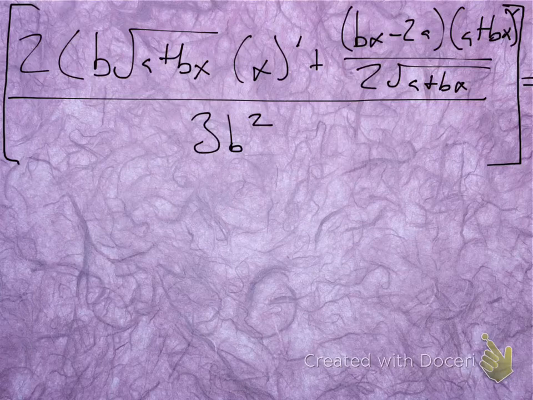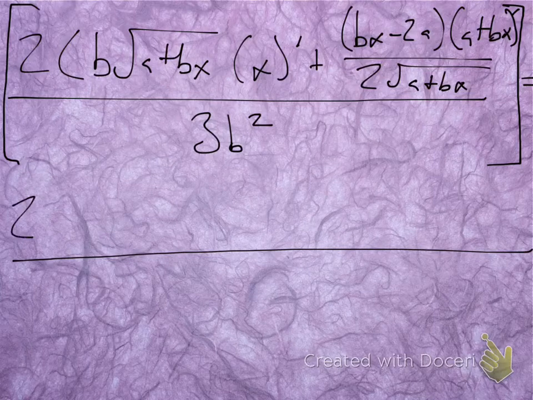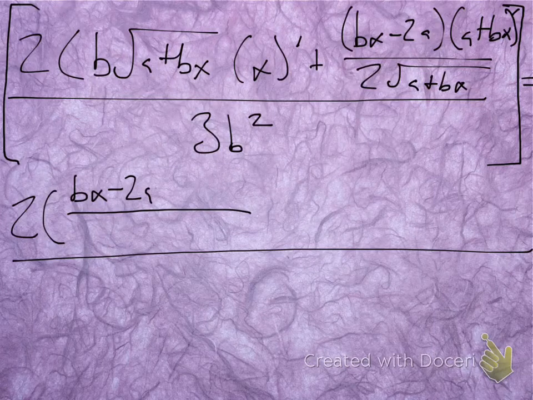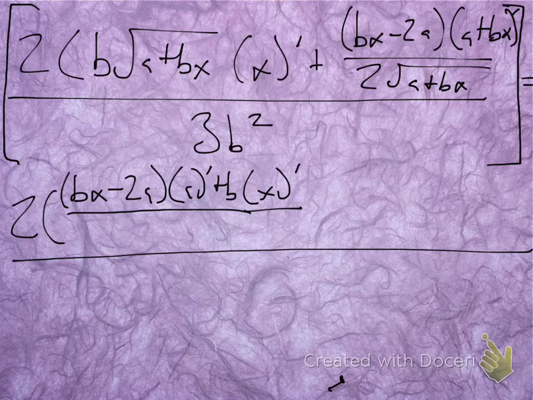So we'll have our 3b squared on the bottom, so we should have just another giant rational here. 2 times bx minus 2a times a prime plus b times x prime over 2 times a plus bx, and right now all we're doing is more simplification and differentiation, and all of this plus, and we can go ahead and write our denominator.